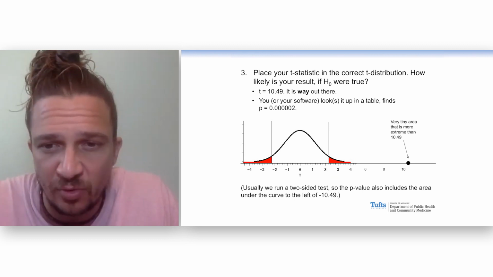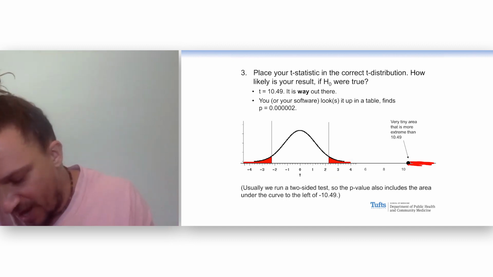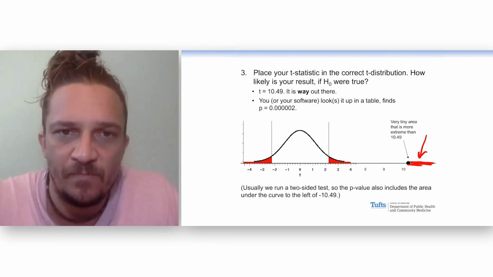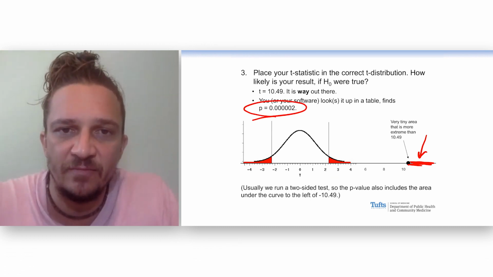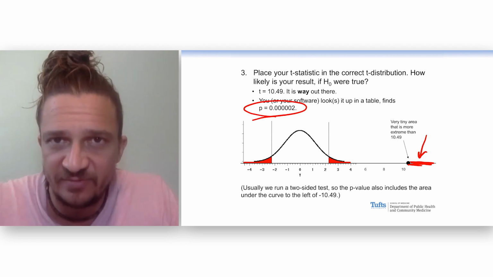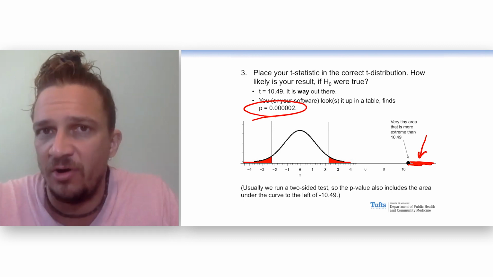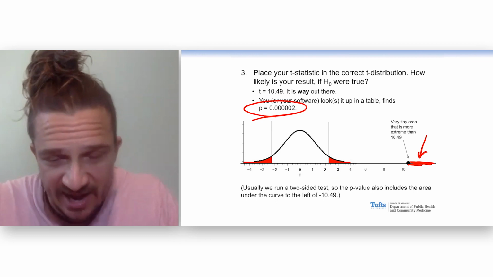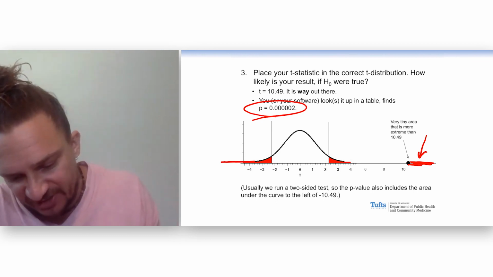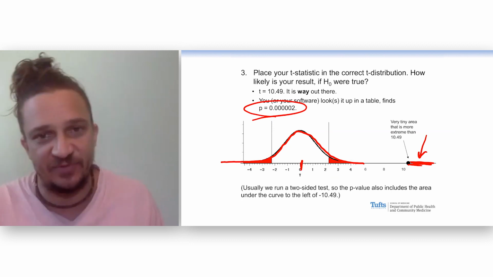Stata or your software will look it up for you. And the area to the right of this is very small. And this is what's known as the p-value: the probability of observing a test statistic of a given magnitude or larger if the null hypothesis is true. So work that out backward. If the null were true, I would expect to get something around 0.